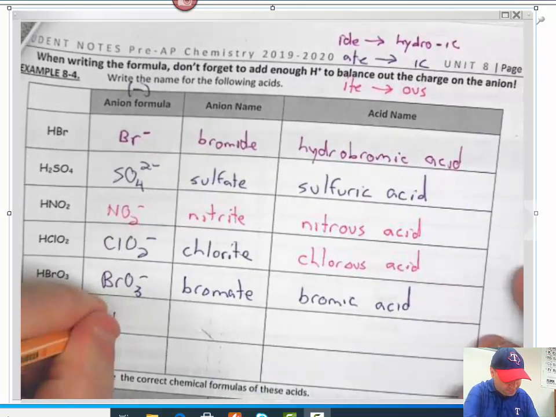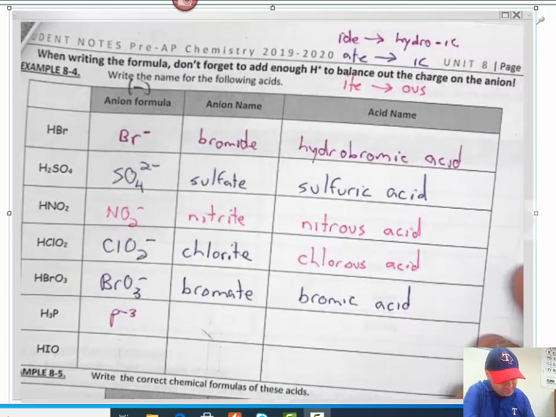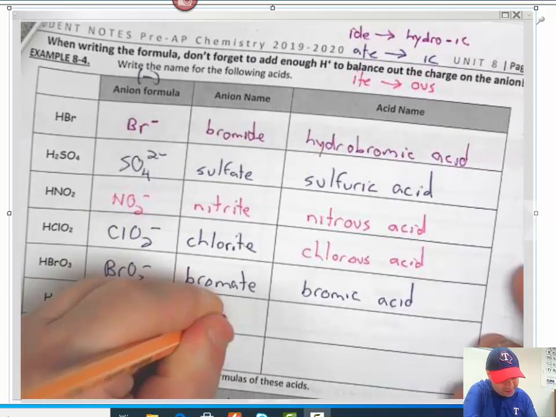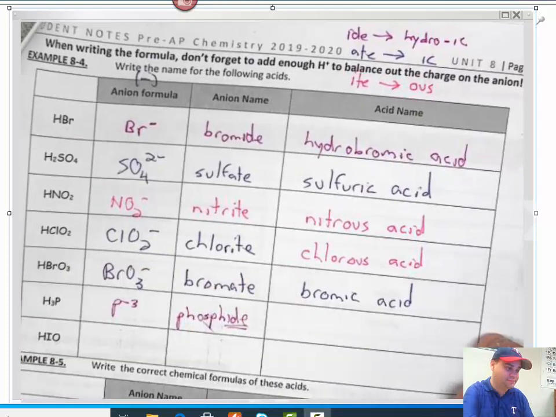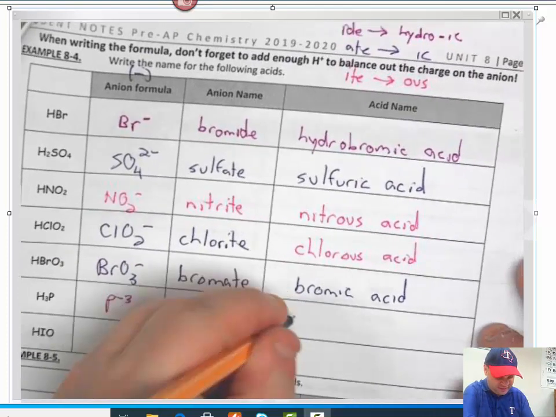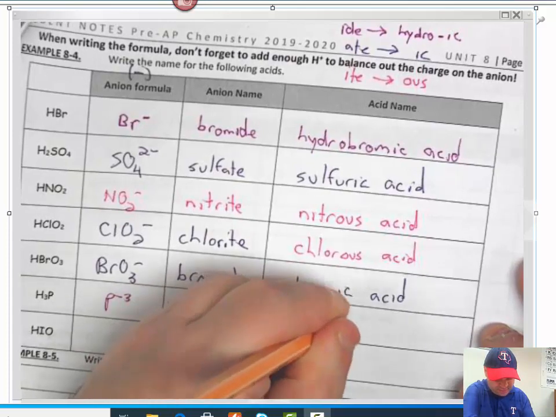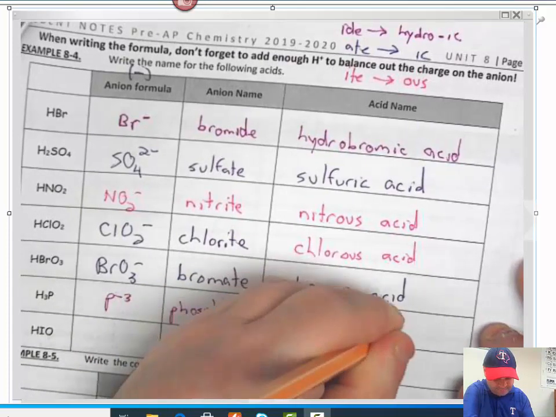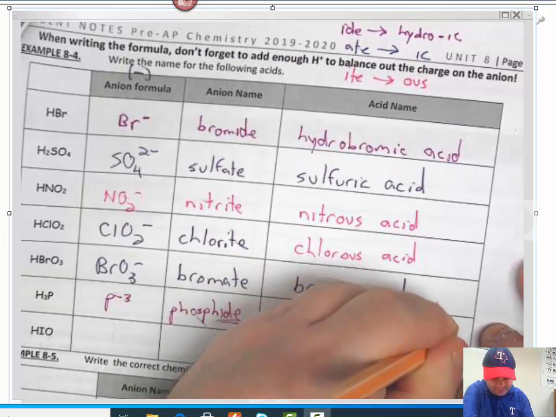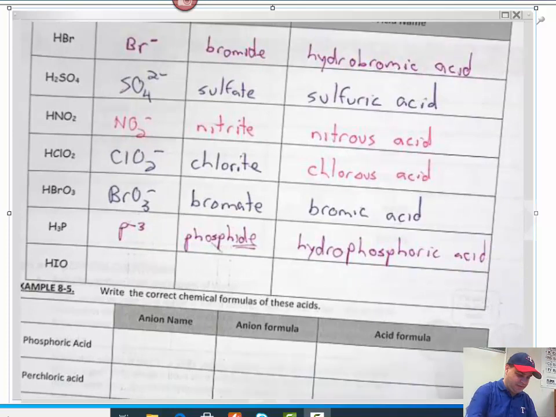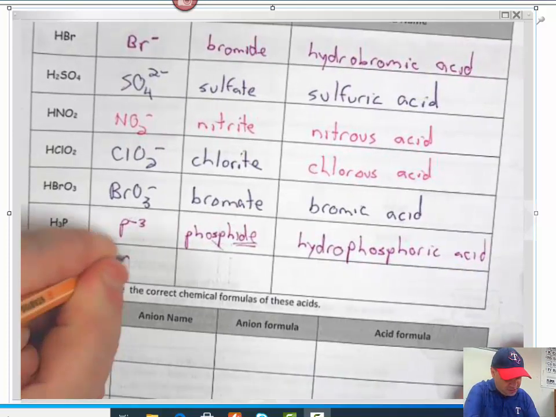P minus 3, which is phosphide, I-D-E. Ide goes to hydro-ic, so this will be hydrophosphoric acid. And then everybody loves a good IO.